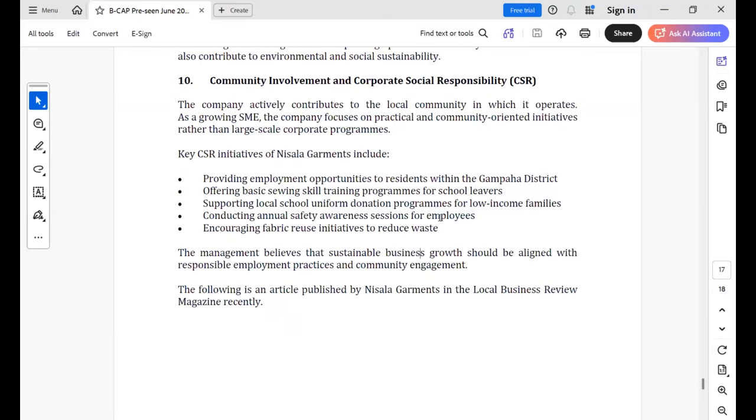Another one which is not there in this company is part of your wastage. Part of your wastage you can give to the neighboring people, unemployed people. They can have their own business, and they will also grow in line with the company as it grows.